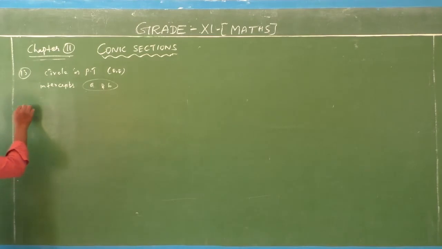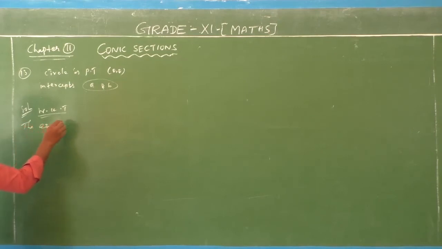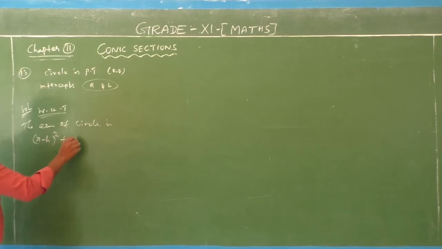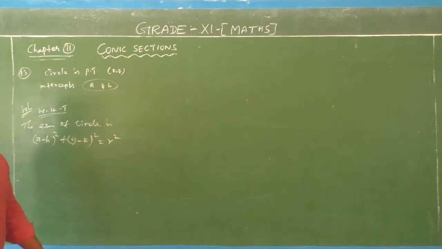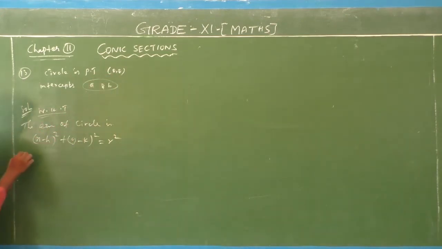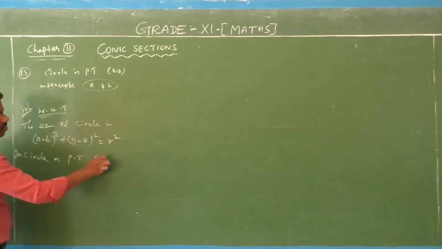Okay, we know that the general equation of a circle with center (h, k) and radius r is (x minus h) the whole square plus (y minus k) the whole square equal to r square. The given circle passes through the origin (0, 0).